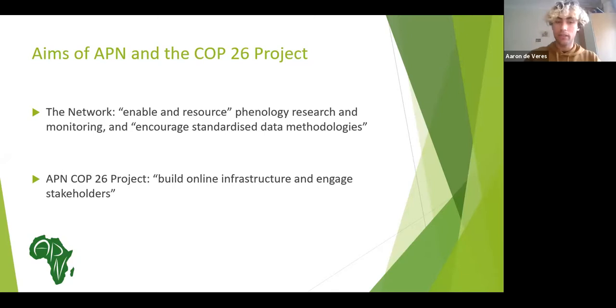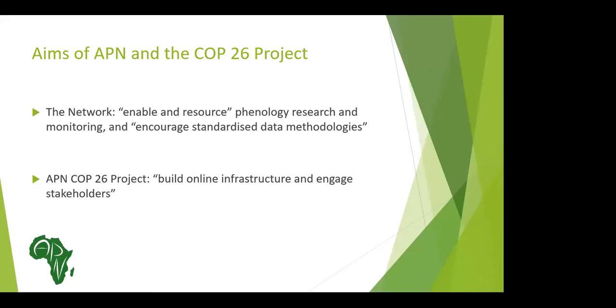The web manuals are going to be a resource base that anyone involved in or setting up phenology projects can access in order to standardize their data collection with other projects on the African continent.